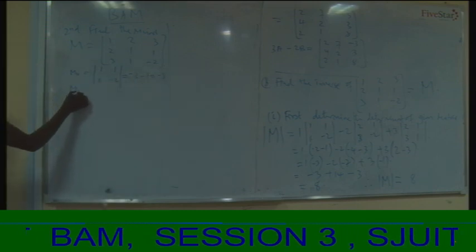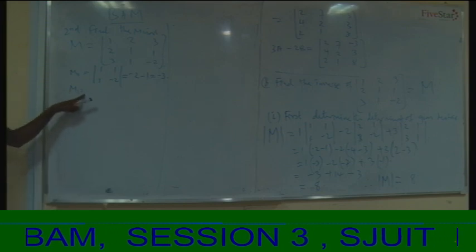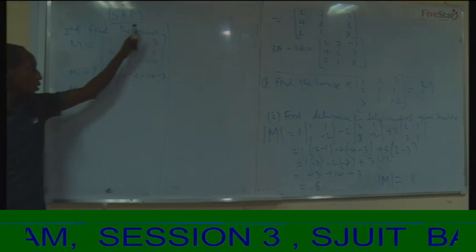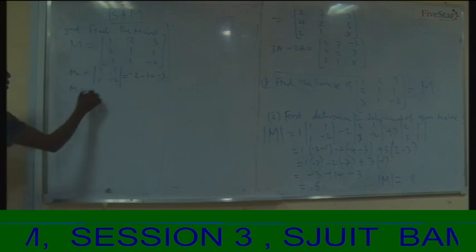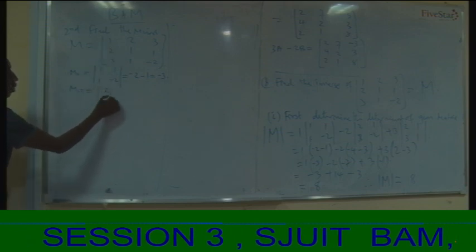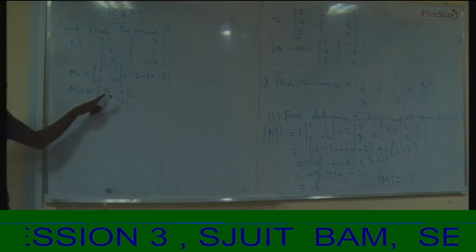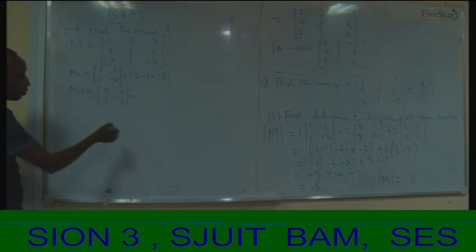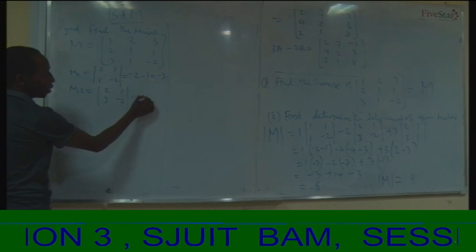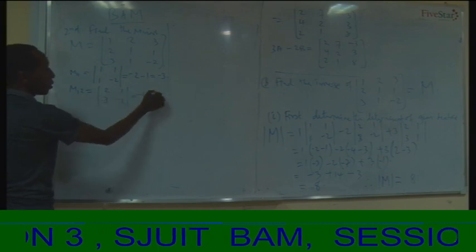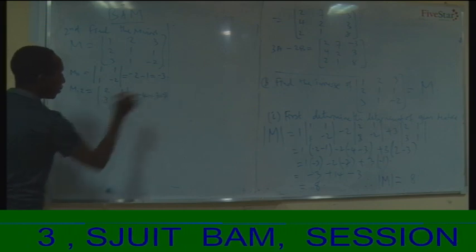Then we find M12, that is, we delete the first row and second column. We have 2, 3, 1, negative 2, so we'll have 2 times negative 2 is negative 4, minus 3 times 1 is 3, and lastly we get negative 7.